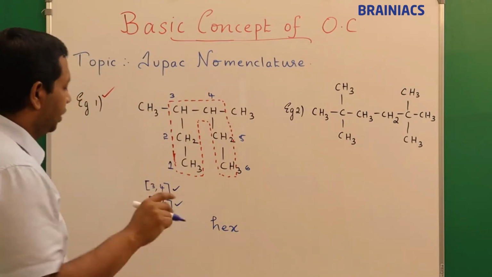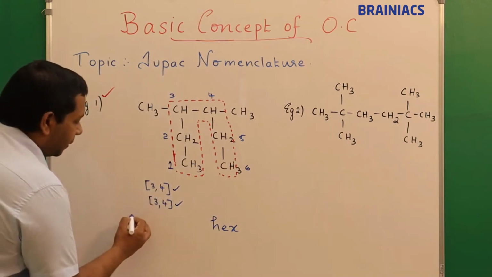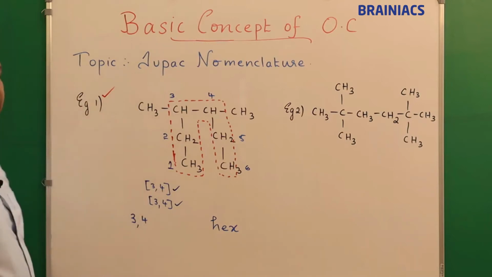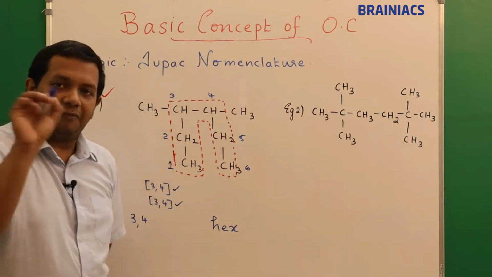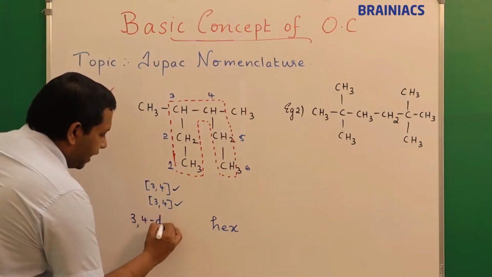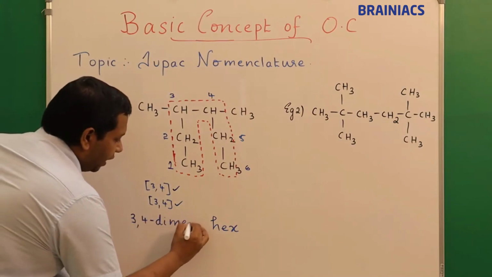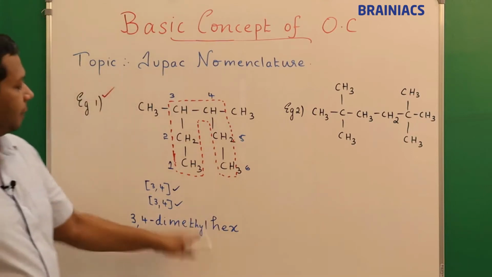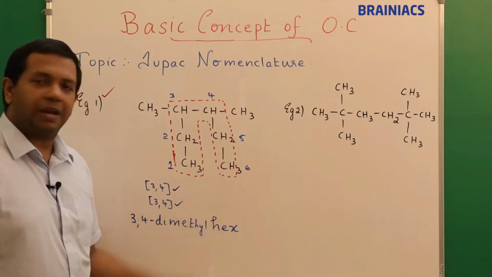We know that the locants should be separated by commas, so 3,4, correct? Then numbers should be separated from the letters by a hyphen. So 3,4-dimethyl. So the secondary prefix is completed. No primary prefix.